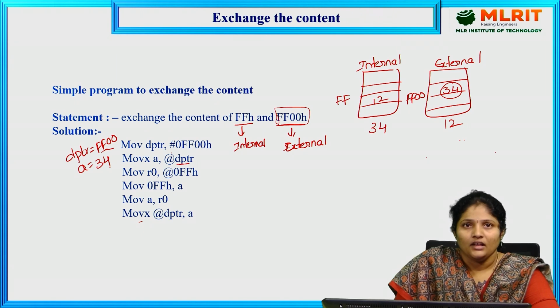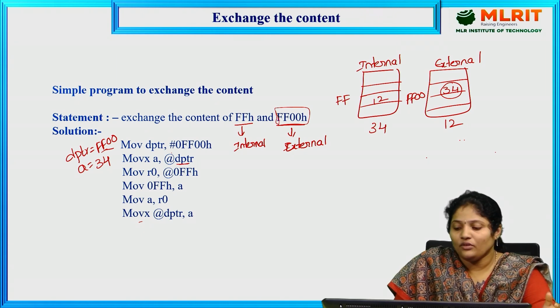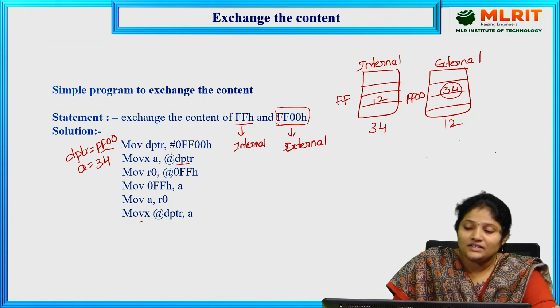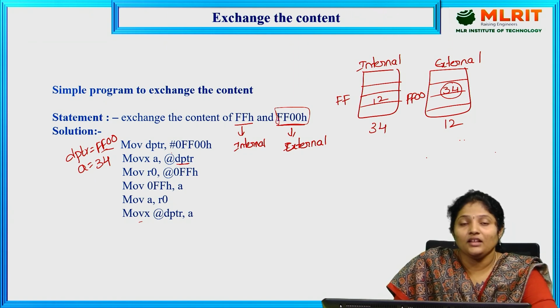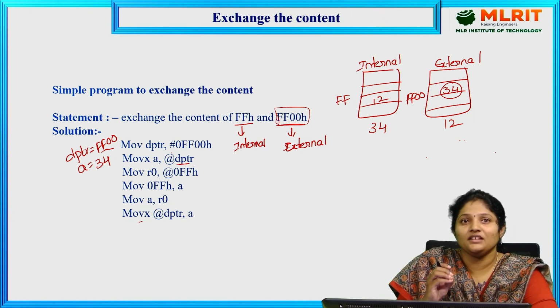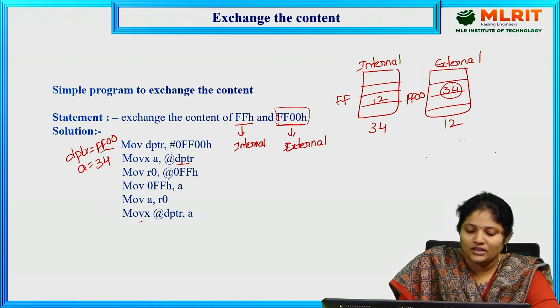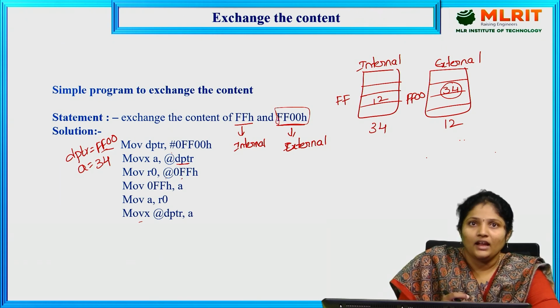Now we need to keep this 34 in the location FF, right? But before placing the data in the FF location, I need to preserve the data present in the FF location in some register, before losing it. So I am mentioning FF, meaning the data present in the FF location.